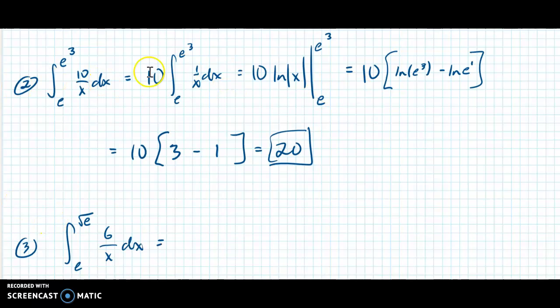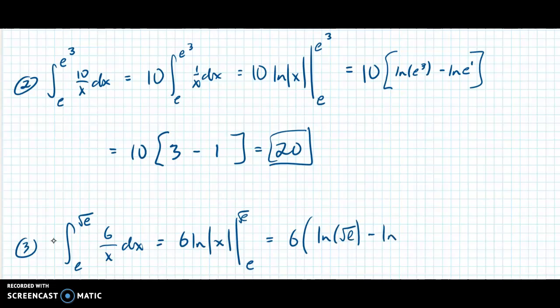Well, I'm going to skip this middle step, pulling the 6 out, and I'm just going to write this as 6 ln absolute value of x evaluated from e to root e, which gives me 6, and then I'll do a parenthesis instead of a bracket this time. I got ln of root e minus ln of e.